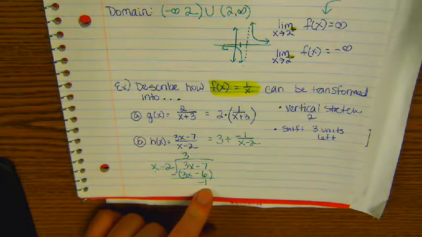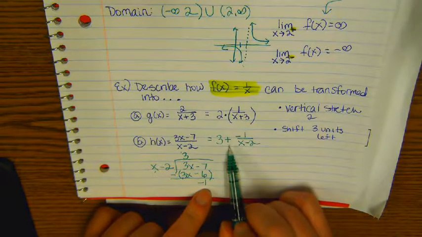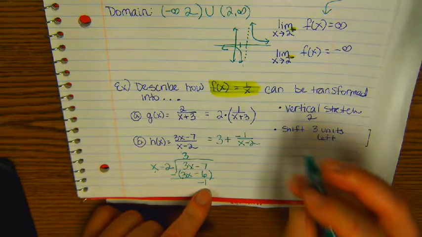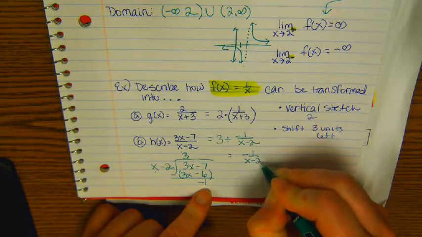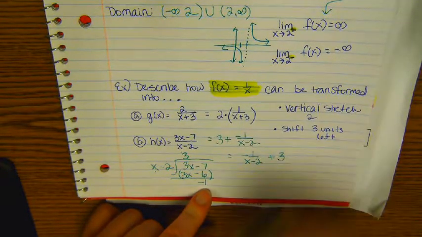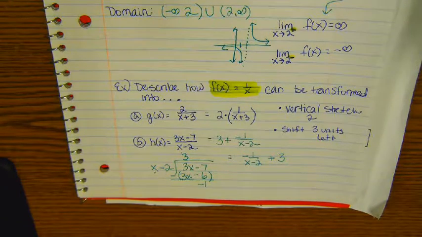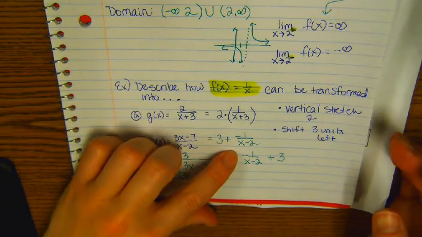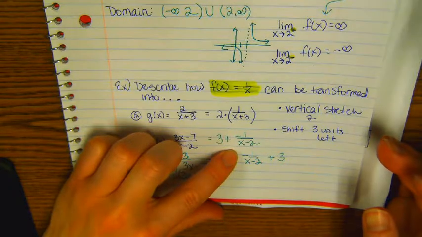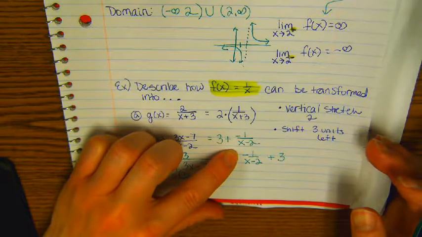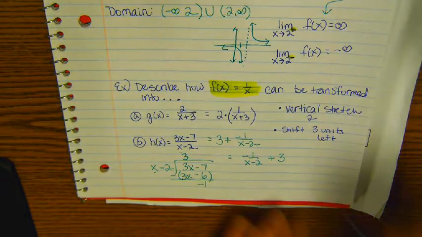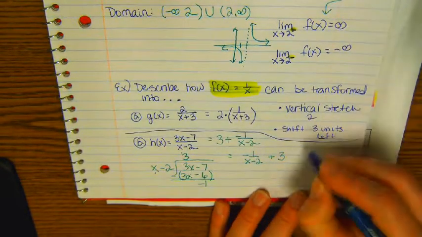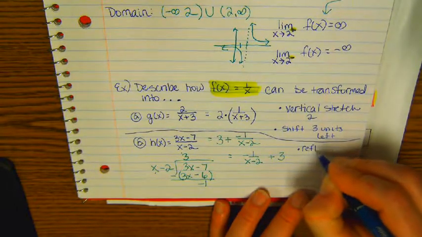Okay. This plus 3, I can move it to the back. So I have negative 1 over x minus 2 plus 3. All right, looks like there's 3 transformations here. What does a negative out in front of a function mean? Flipped over the x-axis. So one of my transformations is a reflection over the x-axis.